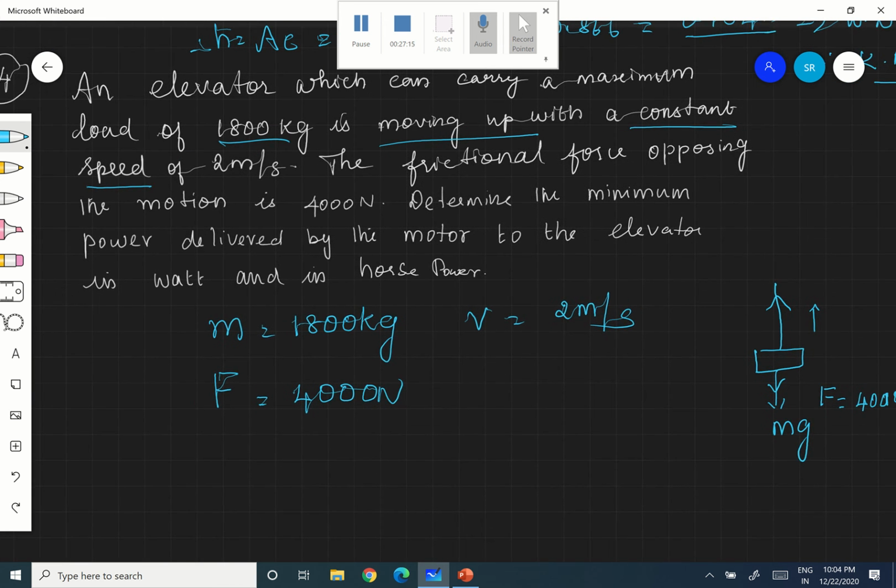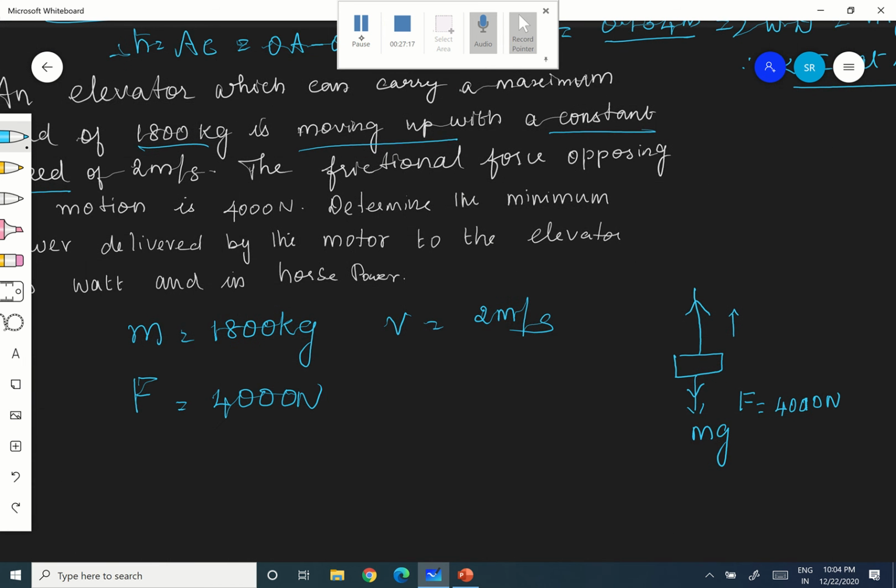Therefore, what should be the minimum force that has to be applied in the upward direction? Very important. What is the force to be applied in the upward direction?